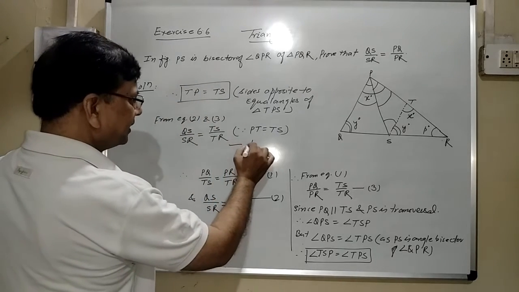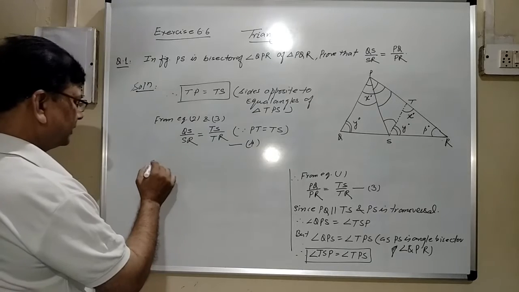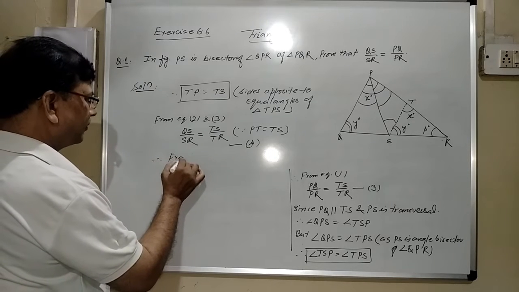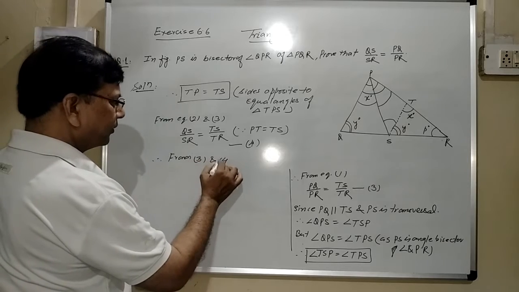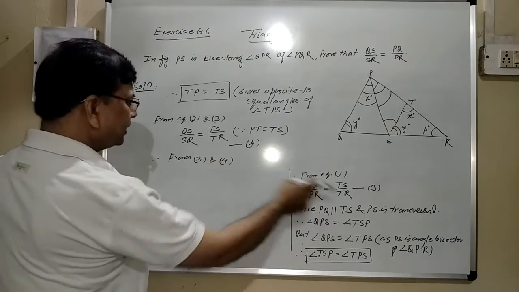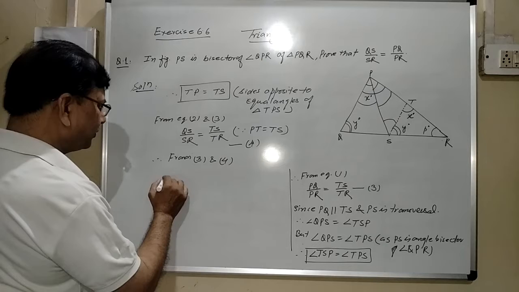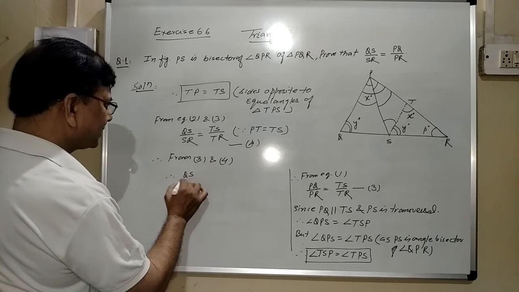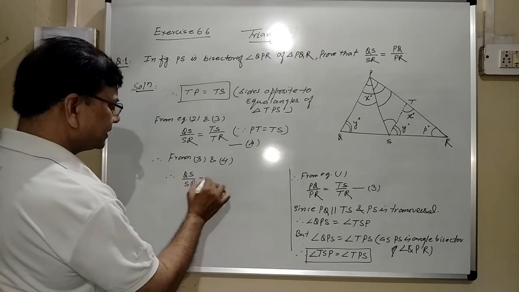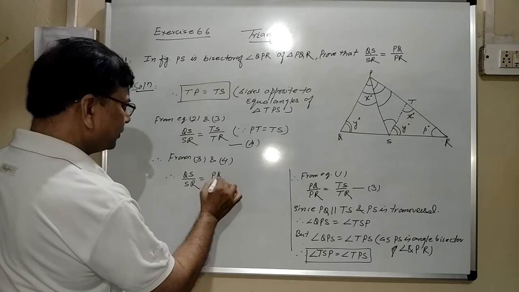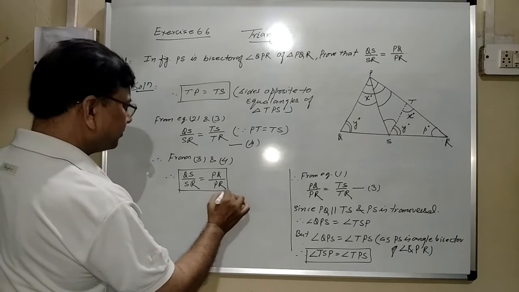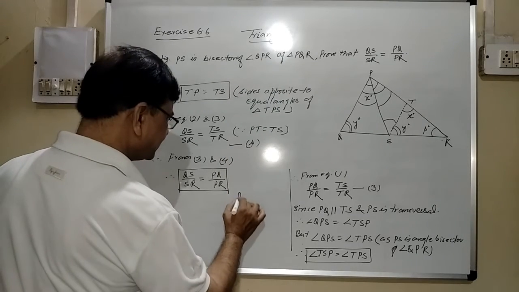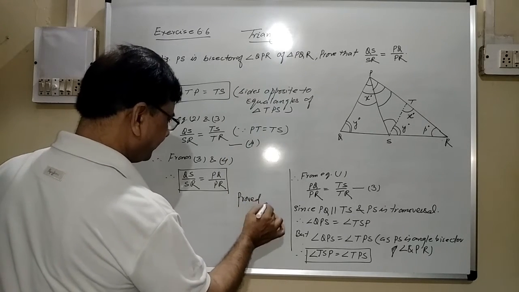Let this be equation number 4. Therefore, from 3 and 4, the RHS is equal, therefore the LHS will also be equal. Therefore, QS upon SR is equal to PQ upon PR. This was required to be proved. See, that is proved.